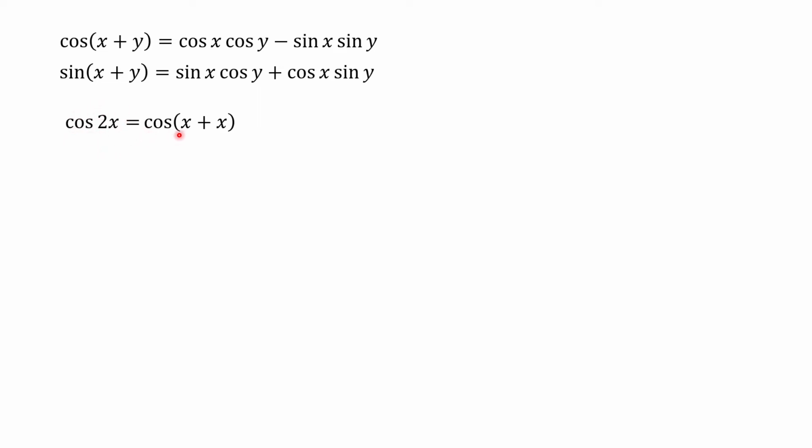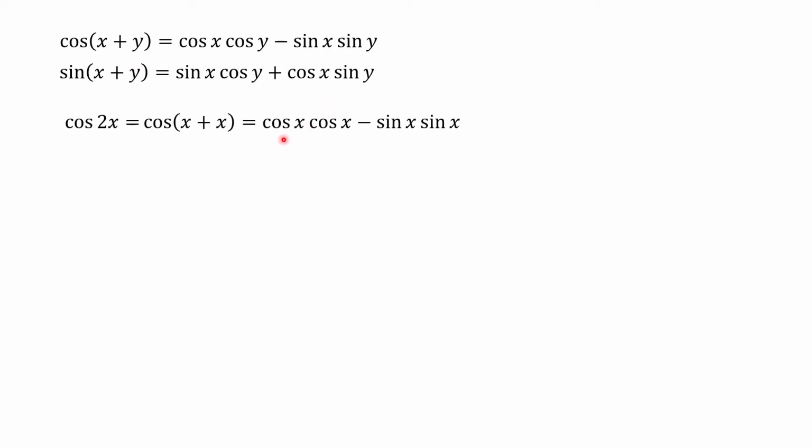The trick here is just to simply realize that 2x is x plus x. And now we got cosine of x plus x, and we can use a formula for cosine of sum of two angles. The difference between the top formula and what we're going to write here is that we replace y with x. Okay? So this is what we're going to get.